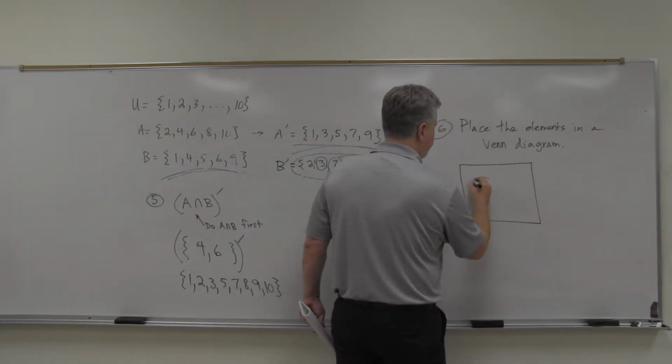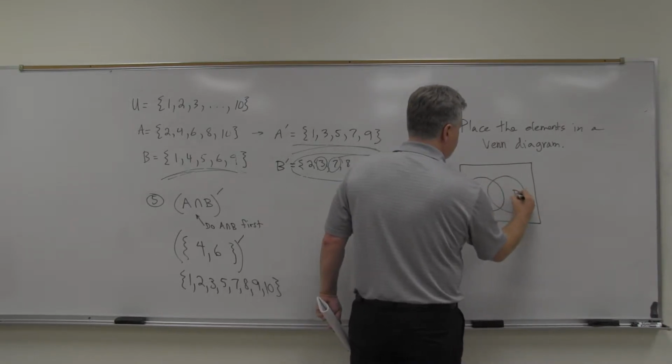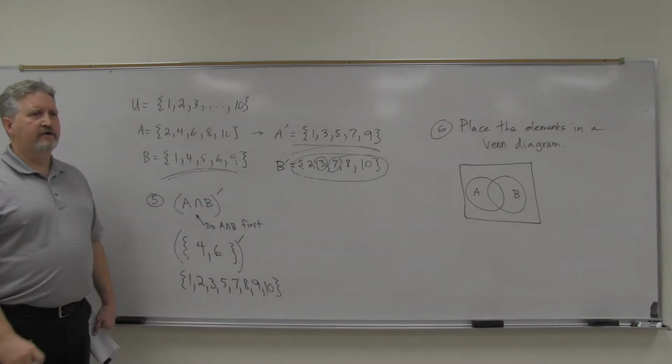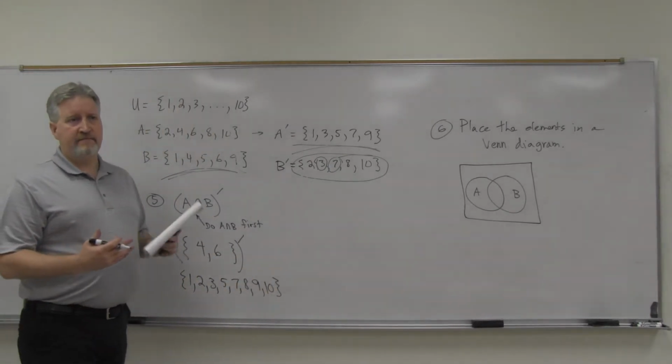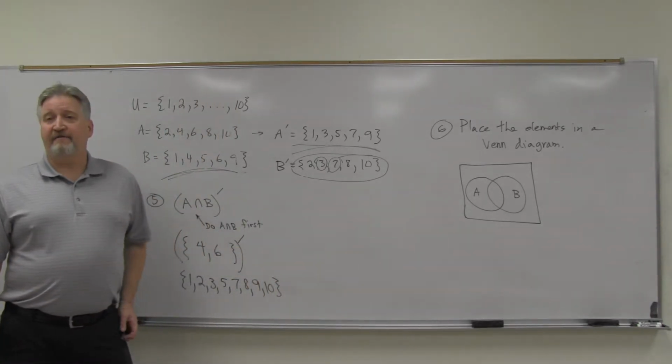Maybe make it a little bigger here. All right, so we've got A and B sets. And I just want to place those appropriately. Now, the thing about what that means is there's only one spot for each element.